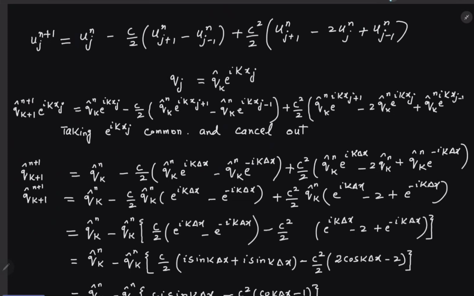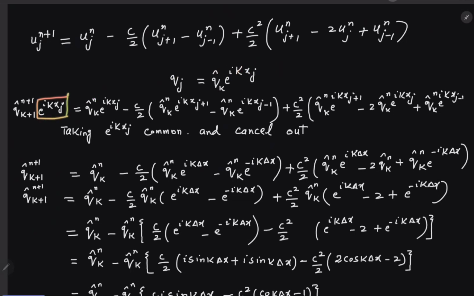We put this Fourier mode into the equation. On the left hand side, wherever we see the n plus 1, the new time level, we put this value over here, and we also replace the amplitude with n plus 1, and we keep the exponential part the same.